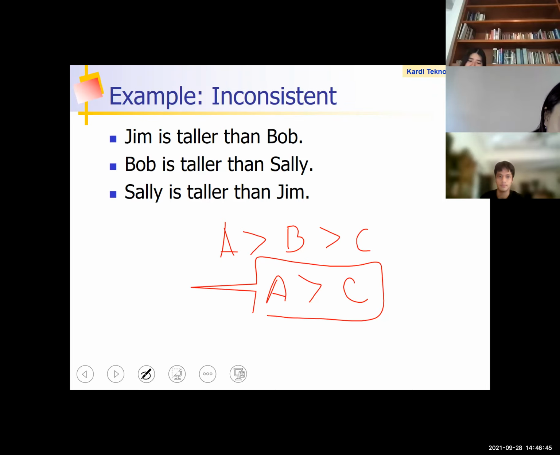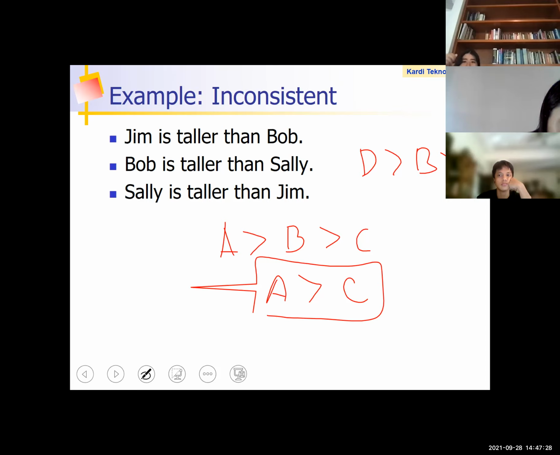But how about if this is not taller, but actually preference? For example, I like durian more than banana, and I like banana more than apple.